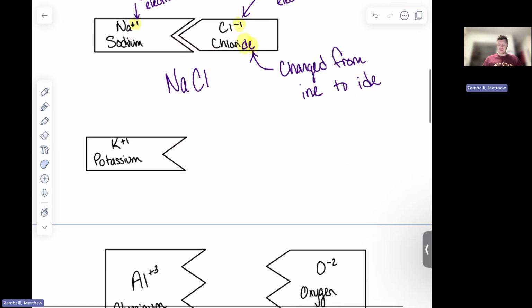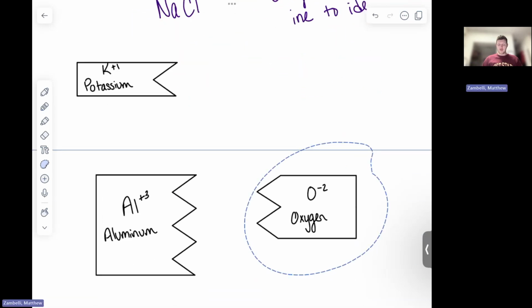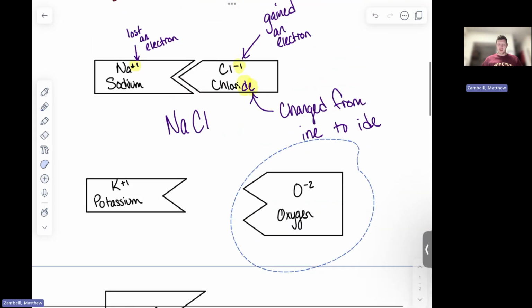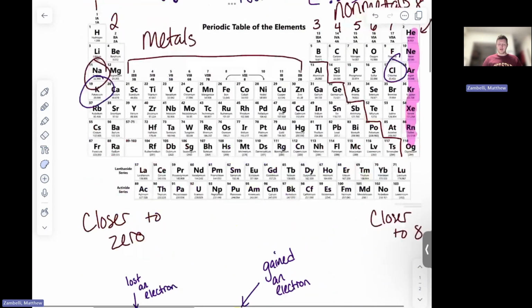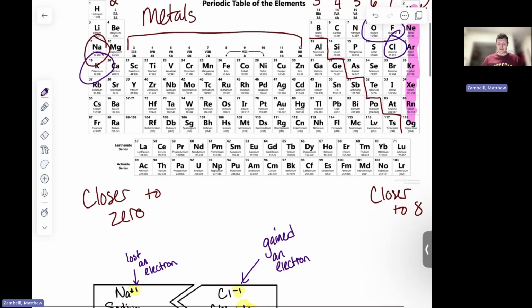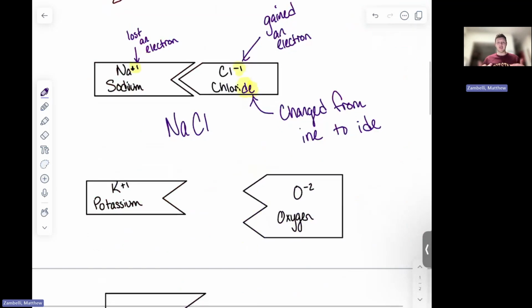Then we could have something like oxygen, a puzzle piece such as oxygen. Oxygen is way up here. Oxygen is number 8, and it's all the way in the 16th column, which means it has 6 valence electrons. Oxygen, in order to become happy, wants to gain 2 valence electrons.